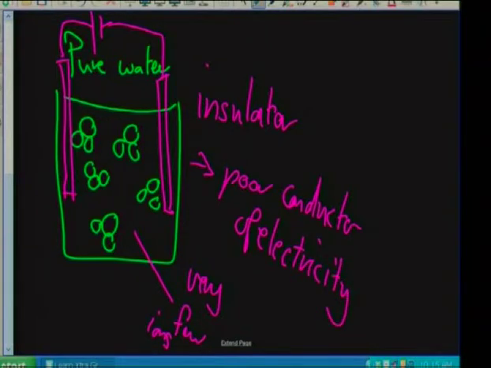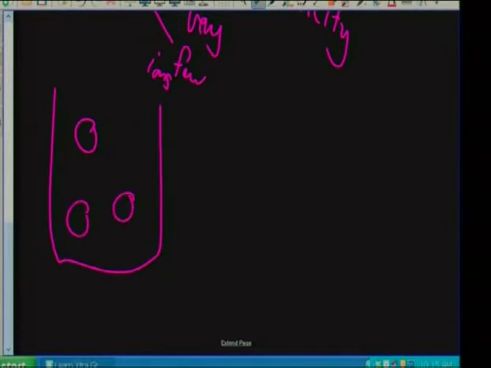Now, in the same way, I mentioned to you earlier that if we took a sugar solution or even a solution made up of ethanol and water, what would happen? Those molecules are covalent. They aren't terribly polar. They don't make up big charged particles, and they're not free to move. So if we had a sugar solution, I'm going to draw the sugar molecule just as a pink dot like that.